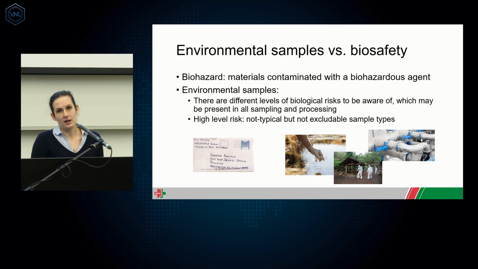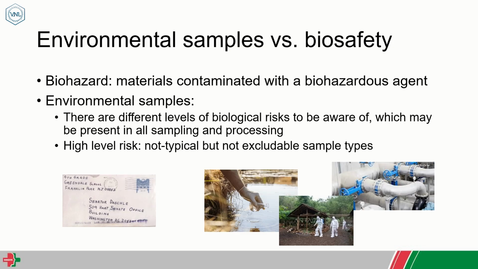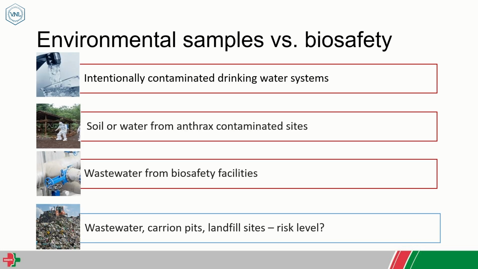And second, it's not typical, but not excludable, that environmental samples can also represent high-level biosafety risks. And what am I talking about? I have collected some samples. First of all, let us think about drinking water, for example.